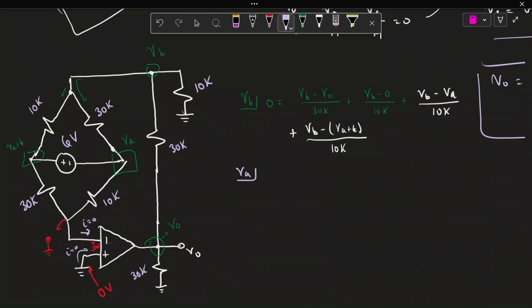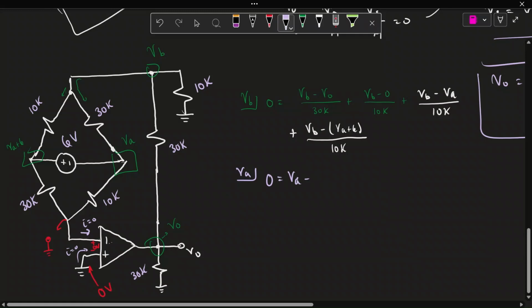The current going down is VA, 0 is equal to VA minus, wow, the bottom is our virtual ground, so we have 0 divided by 10K plus, well, now we have VA minus, we're going up, VB over 30K.